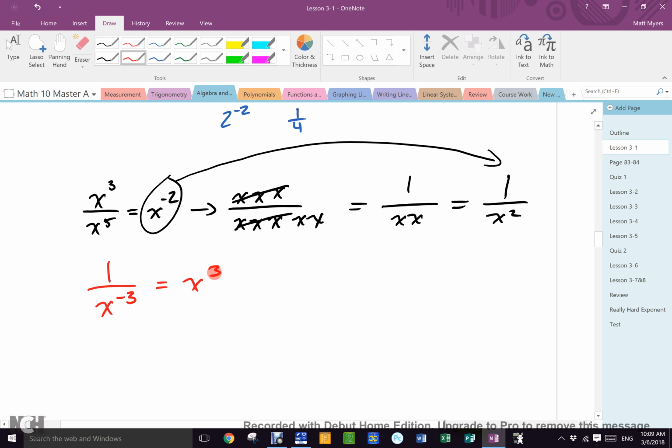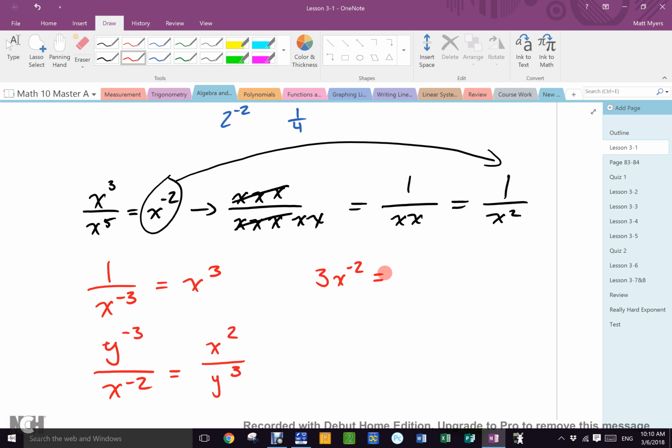Okay. Now let's see if you can remember everything else. 3x to the negative 2. What's the base there? X is the base. What's not allowed? A negative exponent.